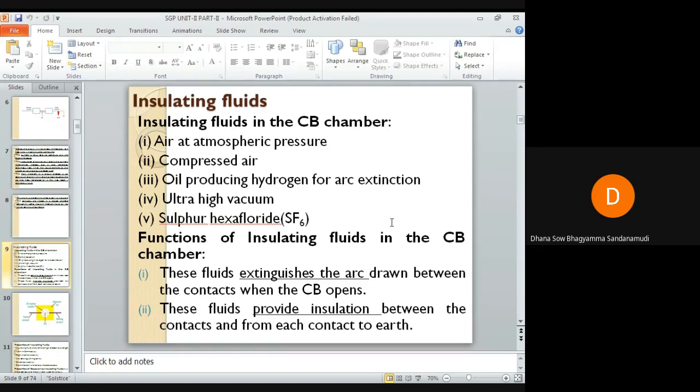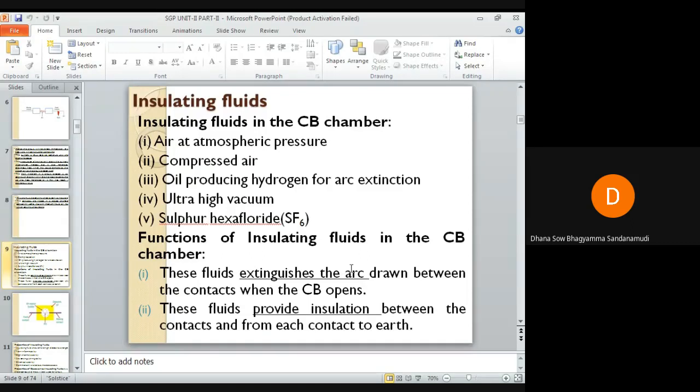It can be oil, which can produce hydrogen for arc extinction, or a high vacuum, or SF6 gas. These are the different types of mediums in which circuit breaker contacts are placed: air, compressed air, oil, vacuum or SF6 gas.